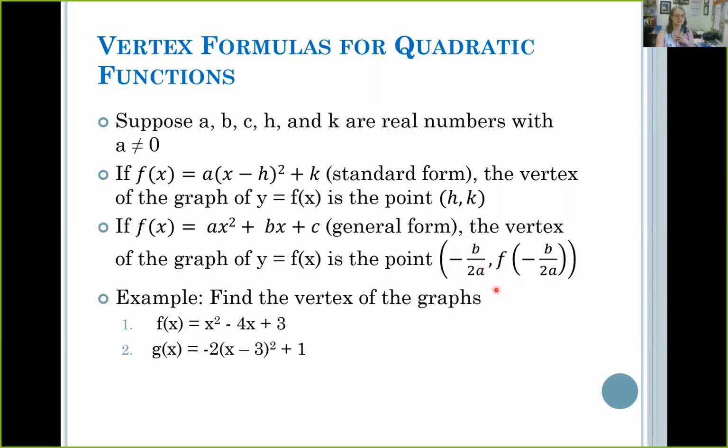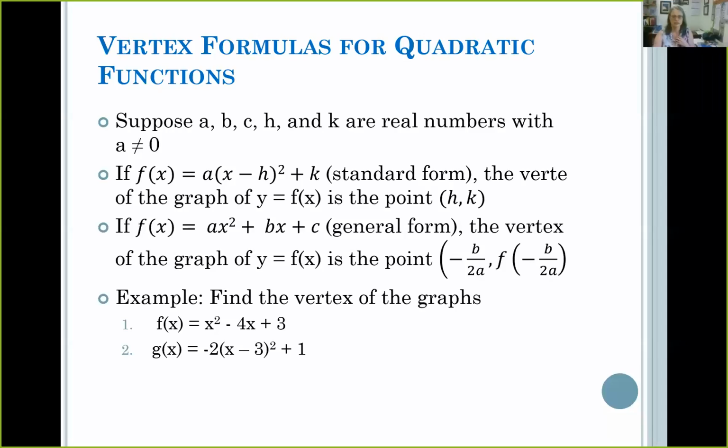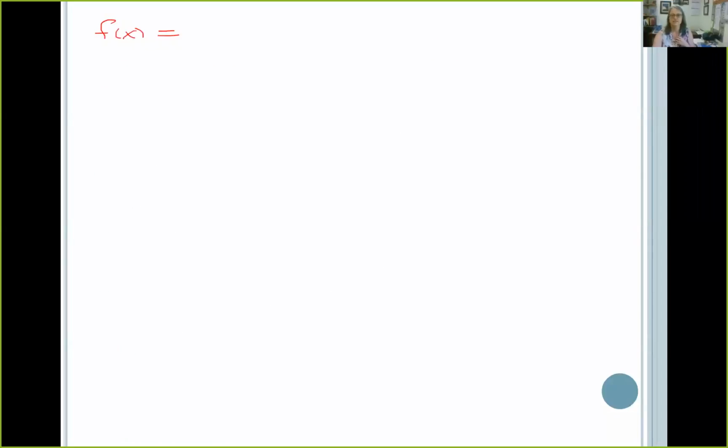So let's practice. Let's find the vertex of the function f of x equals x squared minus 4x plus 3. We want to find the vertex.